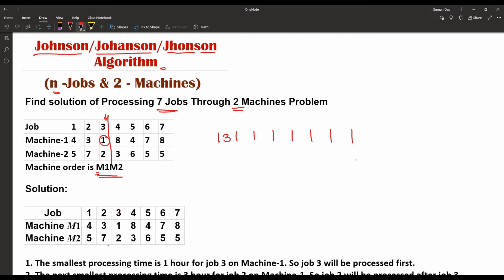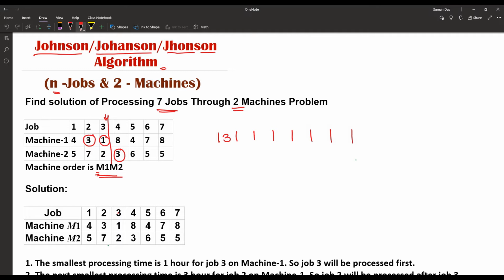Next we have to find the next minimum processing time. Here we find that 3 is the next minimum processing time, and it belongs to job 2 and job 4, from machine 1 and machine 2 respectively.